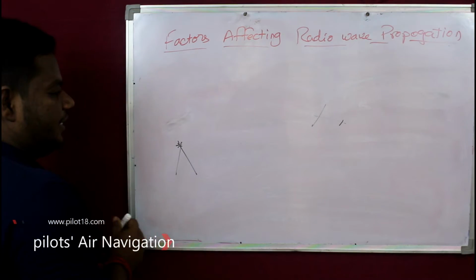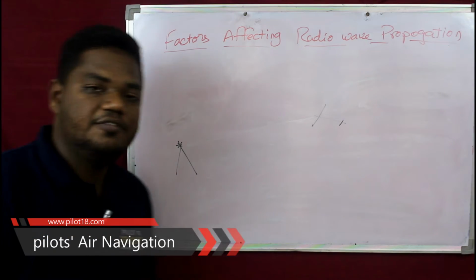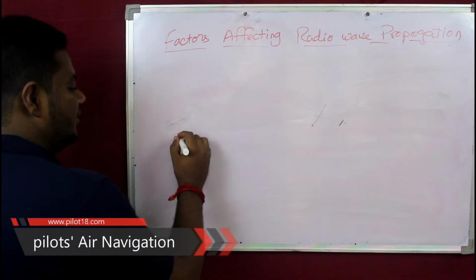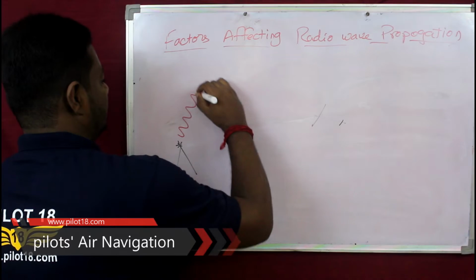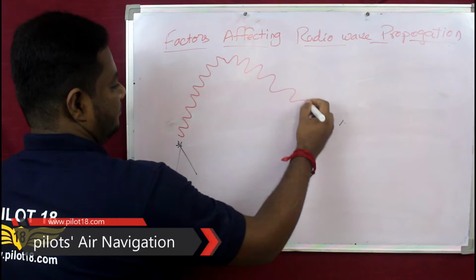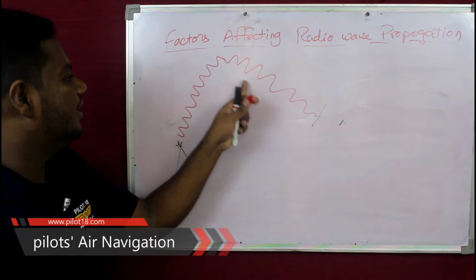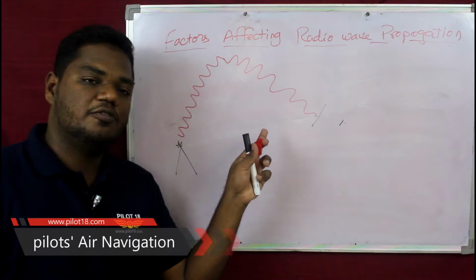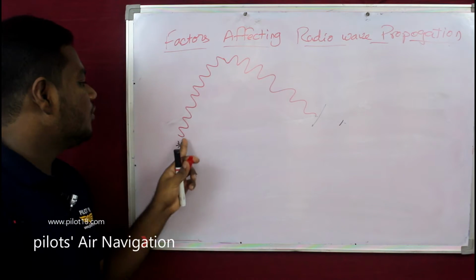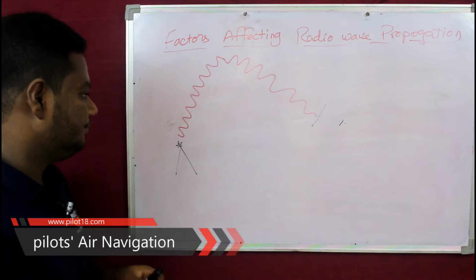If it were a space wave or direct wave, it would send the wave directly. But if it's a sky wave, the radio wave travels like this and gets refracted here and comes back, going to the sky and returning back. This method of communicating using such a wave is known as sky wave.